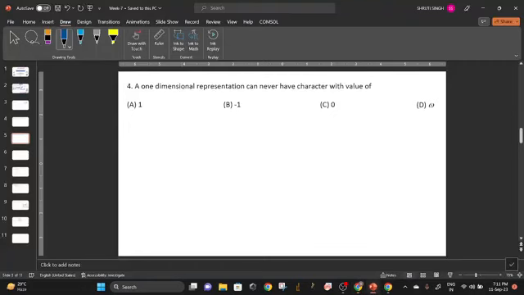So suppose let's take a one-dimensional representation with character 1. What it means is that the basis is symmetric with respect to that symmetry operation.